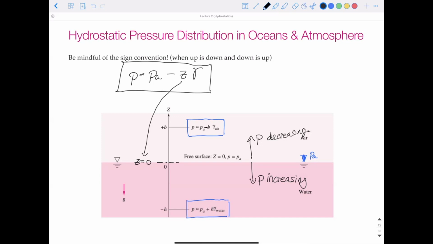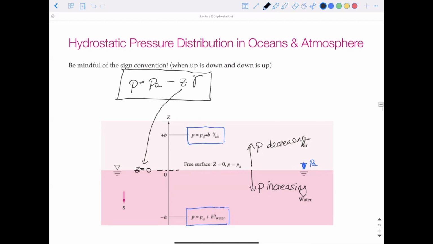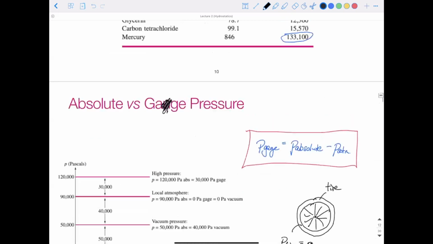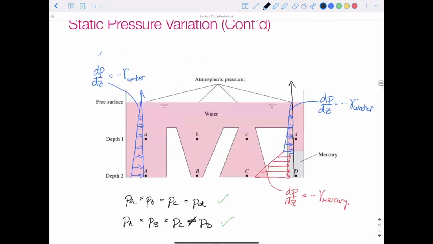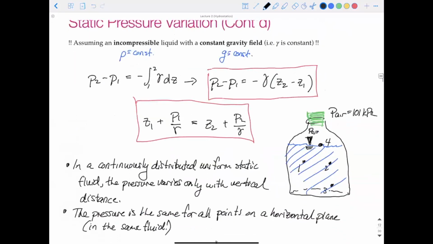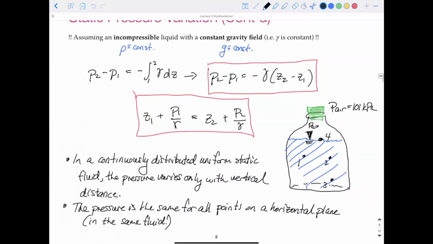This was just an equation. If you ever get confused with this, you can always go back to these equations here. I like to think of these ones because these are much easier. If you're looking at P2 versus P1, just assume one of those positions, maybe P1, is your z at the atmosphere. So if we look at this top equation, P2 minus P1 is equal to negative gamma times z2 minus z1.